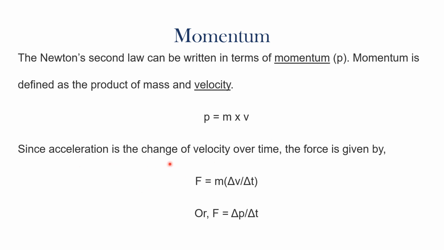Since acceleration is the change of velocity over time, the force is given by F equals m times delta v over delta t, or F equals delta p over delta t, where delta p is the change in momentum and delta t is the change in time. Therefore, force is defined as a change in momentum over time.